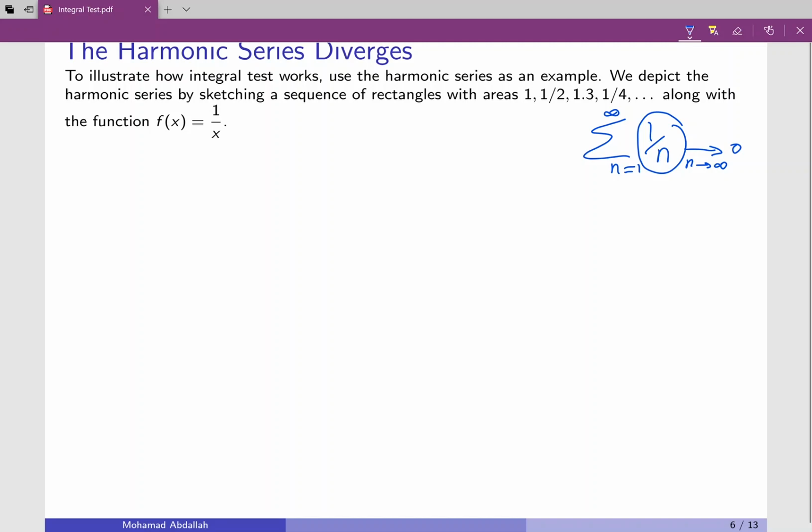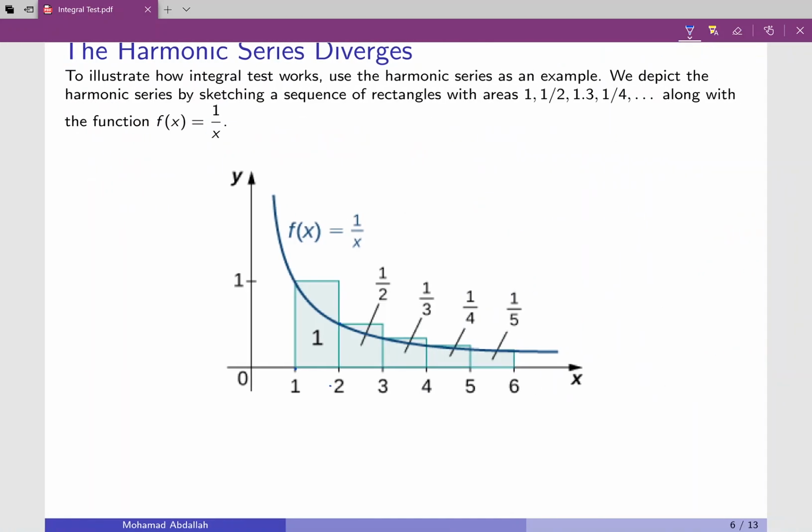To see it, we will try to compare it with the area under the curve of the graph of the function f of x equal 1 over x from 1 to infinity. So let's take a look at the graph here. This is the function f of x equal 1 over x when x is positive.